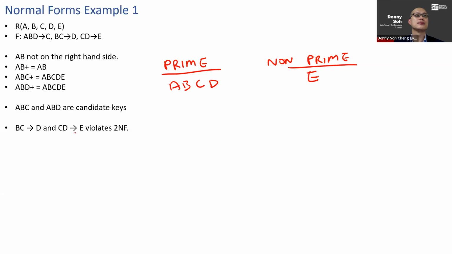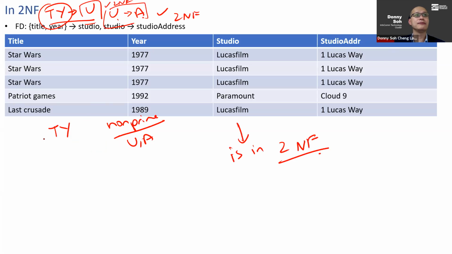So this is the non-prime, which is E. It is dependent on a subset of my candidate key, and so this fails 2NF. Okay, let's go back to the definition.